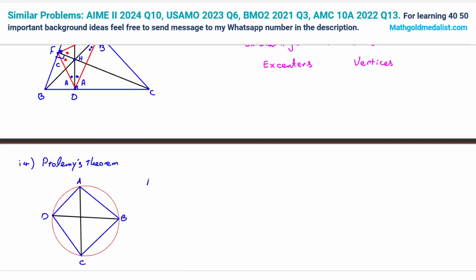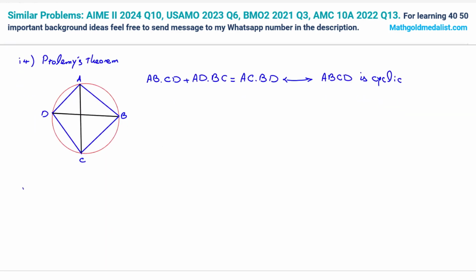Ptolemy's theorem says AB times CD plus AD times BC is equal to AC times BD, and it is equal if and only if ABCD is a cyclic quadrilateral. We call it Ptolemy's theorem. Let me also tell you one idea in algebra, idea 5, that we want to use.